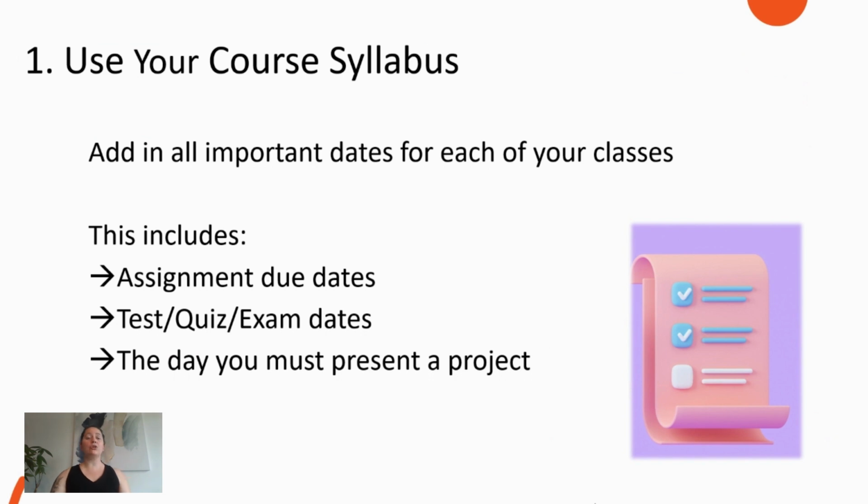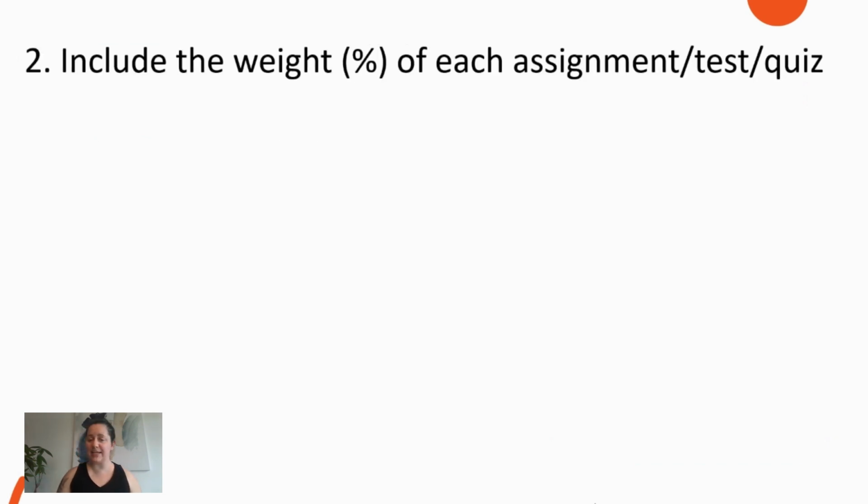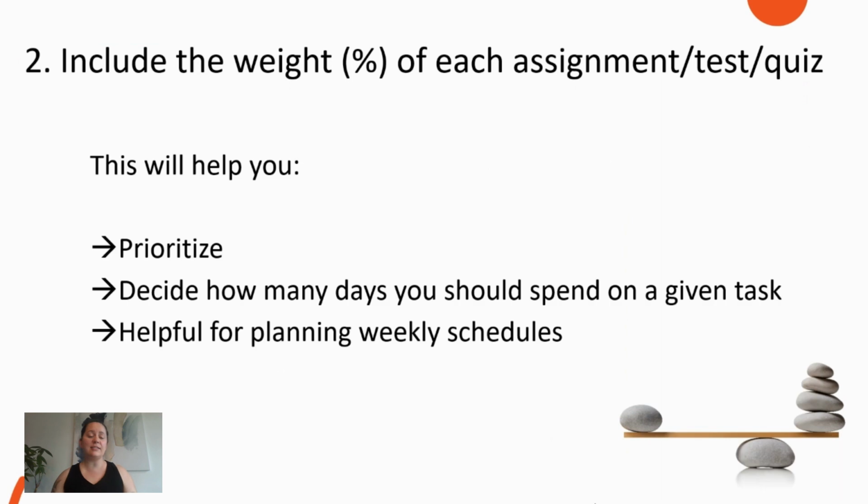Next, make sure to include the weight or the percentage of each assignment, test, or quiz. This is helpful when you need to prioritize and identify what should be done first. If you have a quiz in chemistry worth 3% and a project in psychology worth 20%, both due on the same day, you are likely to prioritize the psychology project because it's worth more.